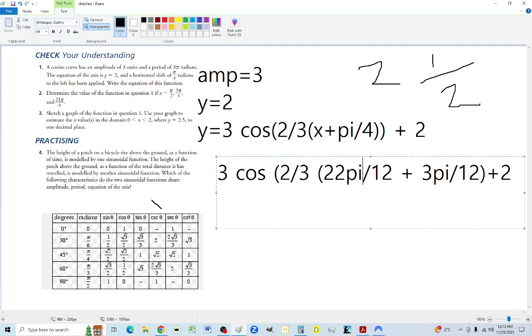When I add them, I get 25 pi over 12. If I think about that a little bit, that's over 2 pi, isn't it? It goes all the way around twice, and it ends up with pi over 12. We don't have an exact value for pi over 12, so we're going to have to just multiply and see what we get. We get 2 pi over 36, which is pi over 18.